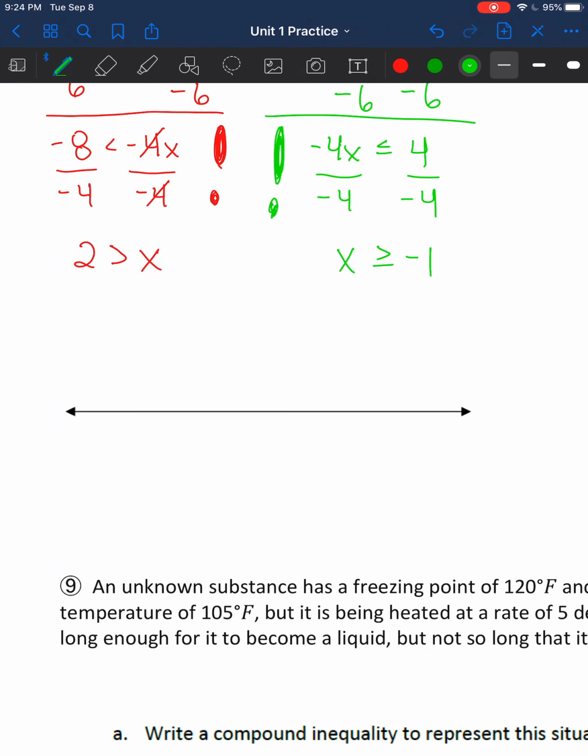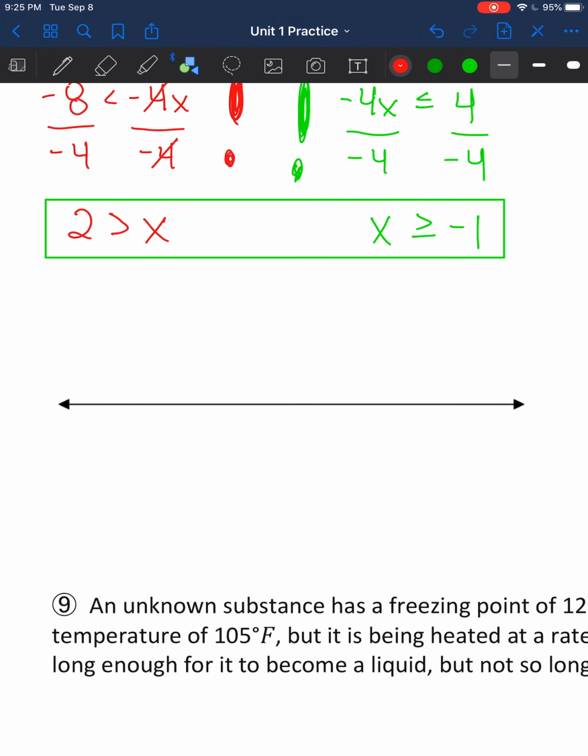So then I'm going to put these two inequalities together to make my final solution. One of them says that x is greater than negative 1, and the other says that x is less than 2. So to combine them, I'm going to say that x is greater than or equal to negative 1, and x is less than 2.